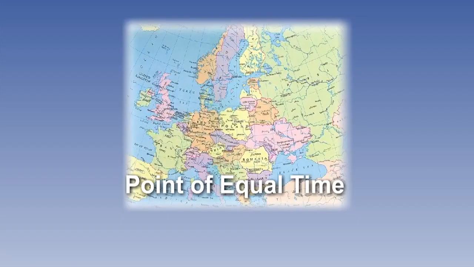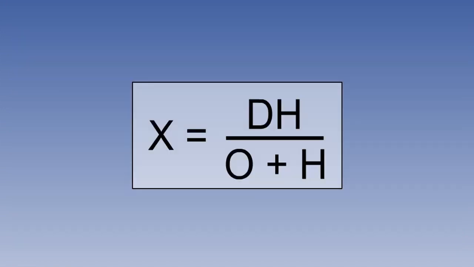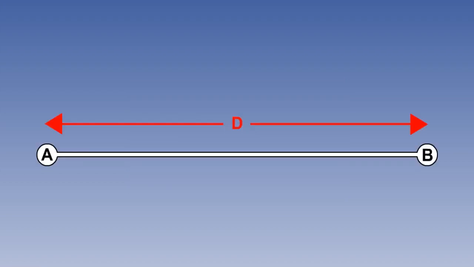So let's summarize this lesson. The point of equal time is defined as that point along track from which it will take the same time to fly to one of two airfields. It is calculated from a simple formula, which must be learnt. D is the distance between the two airfields being considered. X is the distance from the start to the point of equal time.